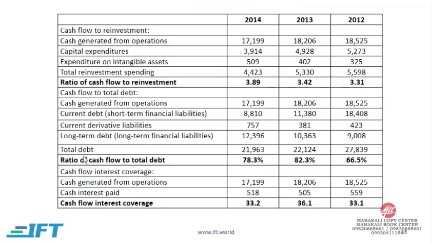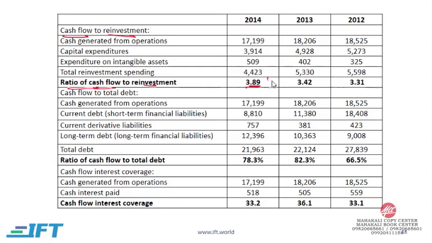Alright, some more ratios related to cash. Cash flow to reinvestment. So this is how much cash is the company generating divided by the money that the company is reinvesting in the business. That ratio of cash flow to reinvestment in 2014 was 3.98.